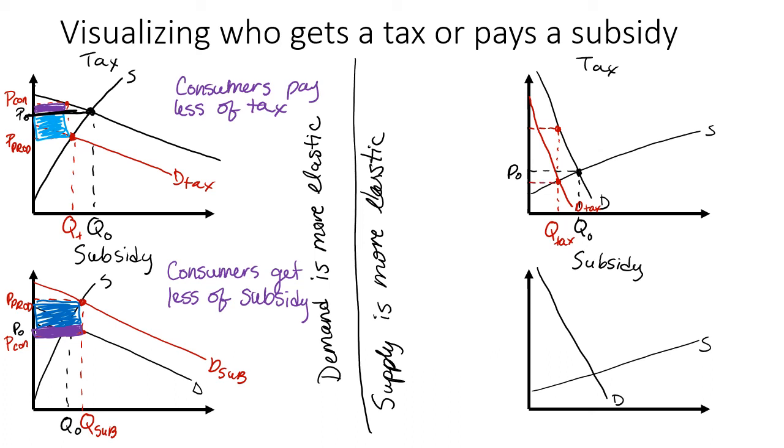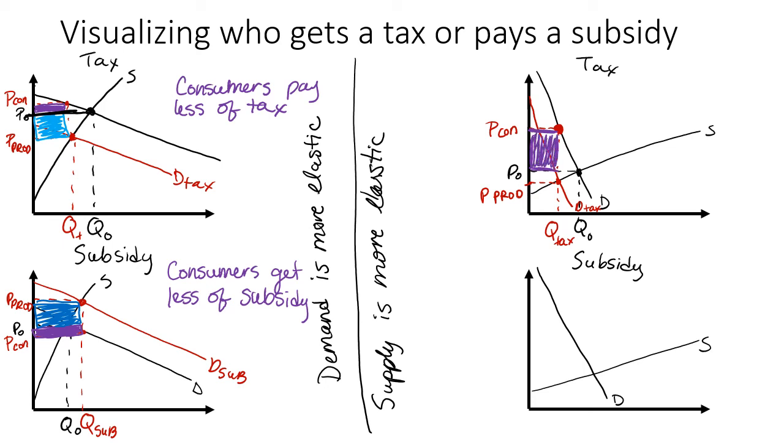So again, we have 2 points. This top red dot is only on the demand curve, so that must be the consumer price. And this bottom one is only on the supply curve, so that must be the producer price. Okay. So that means the part that goes to consumers is the difference between the price they have to pay after the tax versus what they were paying before, which is shown by P0.